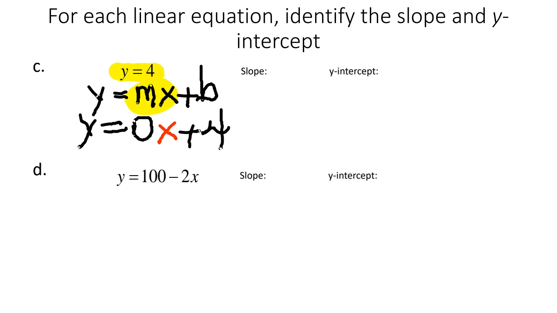This mx is missing, which means my slope is 0, the number in front of x. My y-intercept is (0, 4).